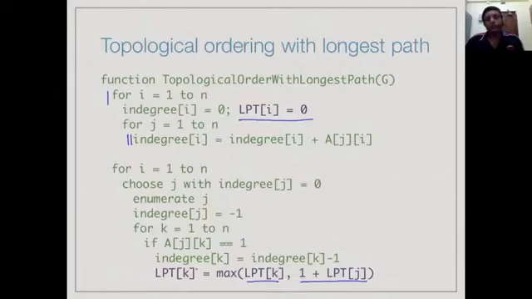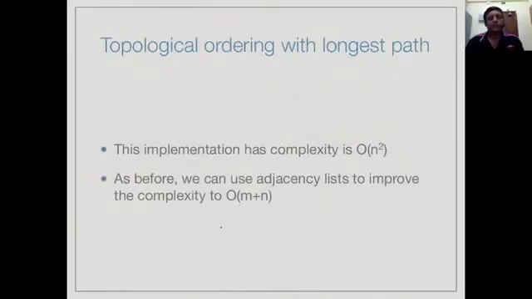So it's a very simple variation of the basic topological ordering, which allows us to also compute the longest path. Right? So this has complexity order n square for the same reason that we found that topological sort with adjacency matrix is order n square, because we have these nested loops in order to scan all the neighbors.